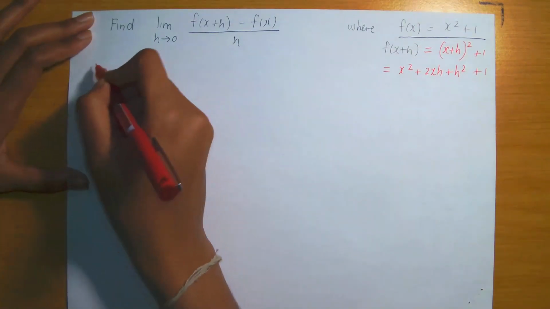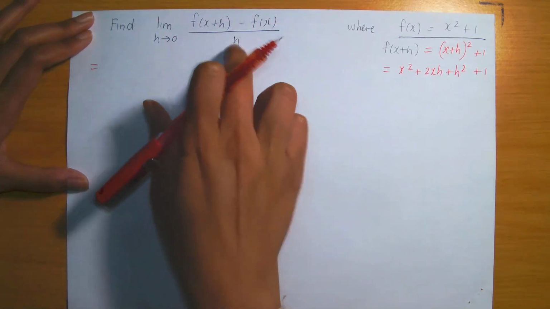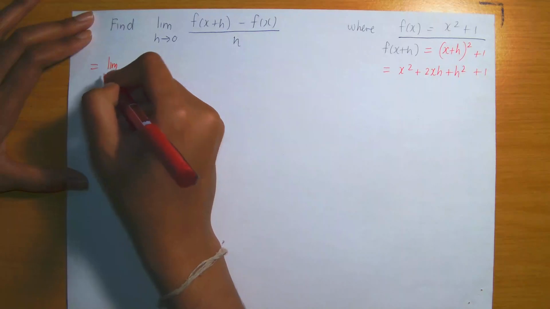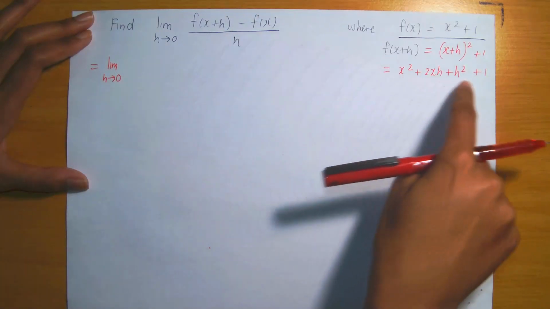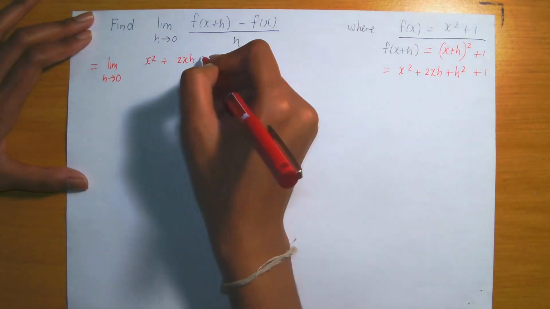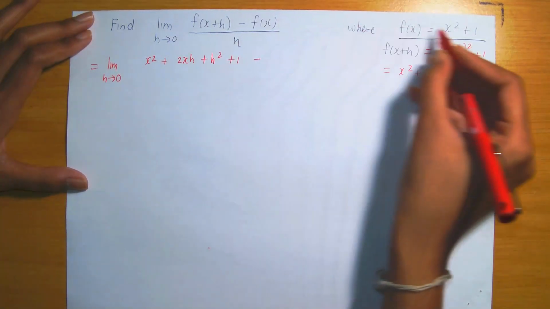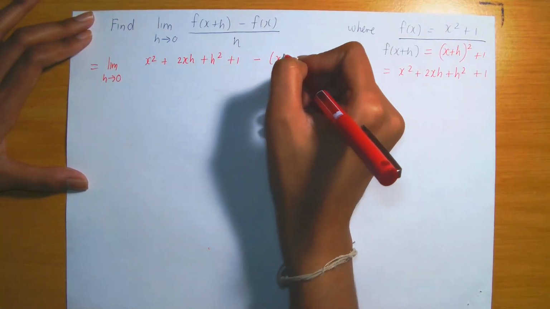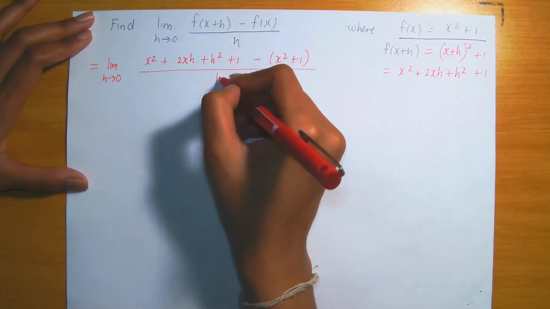So putting everything into this formula, the limit as h approaches 0 is now equal to f of x plus h, and that is what I have, x squared plus 2xh plus h squared plus 1, minus f of x, and f of x is x squared plus 1, divided by h.